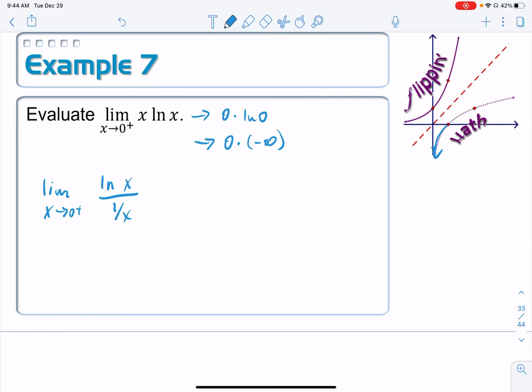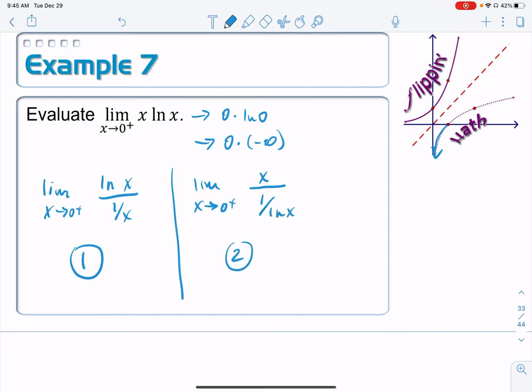So there's option number 1. Then option number 2 is the limit as x approaches 0 from the right, leave the x on the top, and then I have 1 over the natural log on the bottom. Here's option number 2.